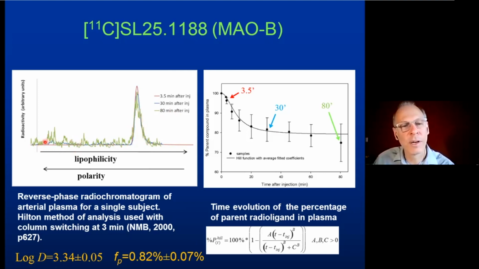There is a radiometabolite here, but it's difficult to see. So the sample presents a lot of noise, and it is very difficult to know whether the Hill function is actually predicting the right value at 80 minutes.